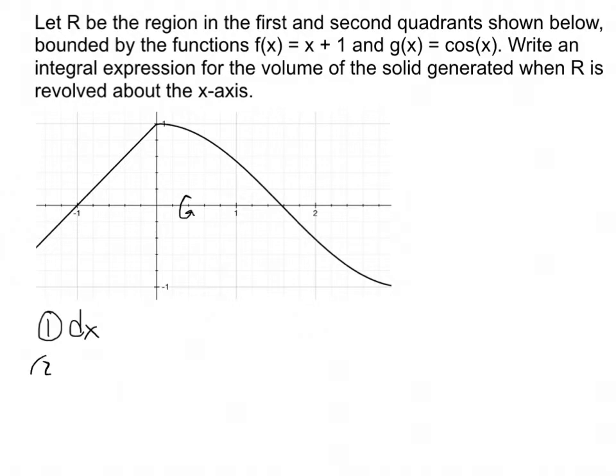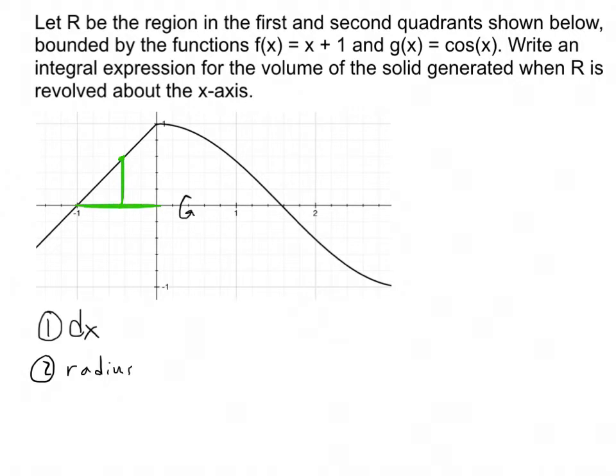Step 2. What is the radius of the revolution? And what I had said before was that we always want to draw from the axis of revolution perpendicular up until you hit the function. And so there's our radius. But you'll notice that radius only works on this interval, right?